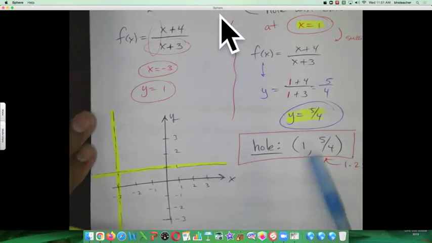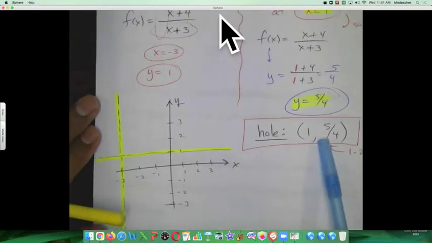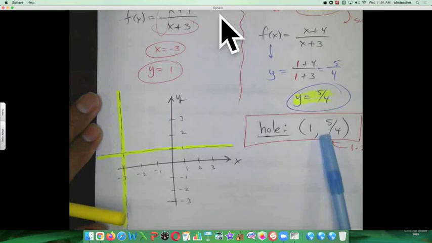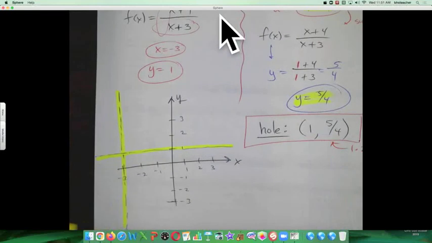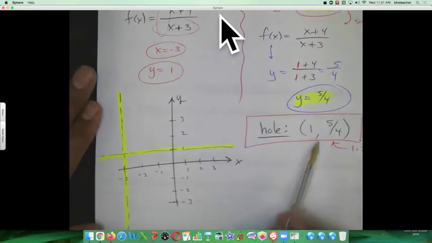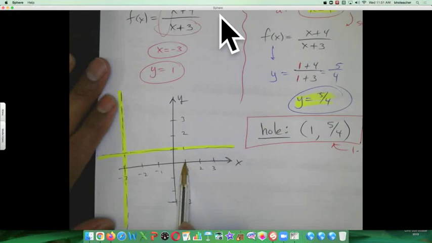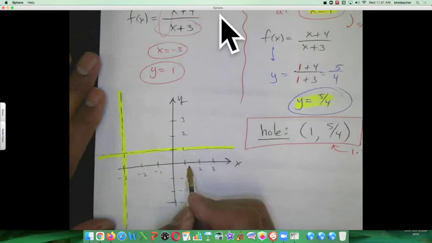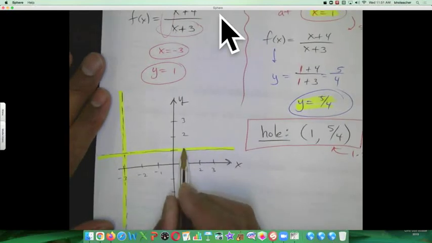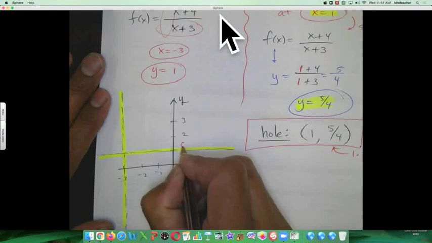And the coordinate of the hole will give me the information to know where the graphs will exist. So, where is the hole? The hole is at 1 on the x, and 5 over 4 is 1.25, so that's 1 and 1.25. That means the hole's right here, right above 1.